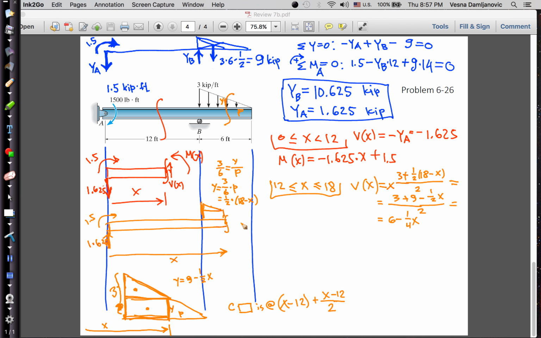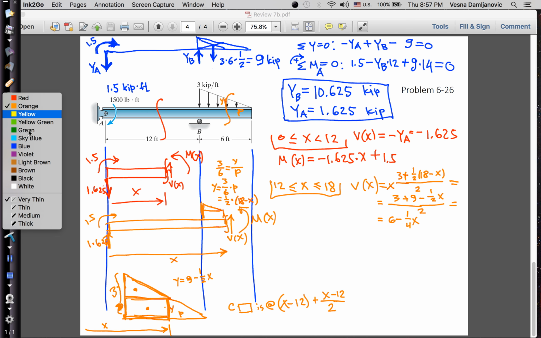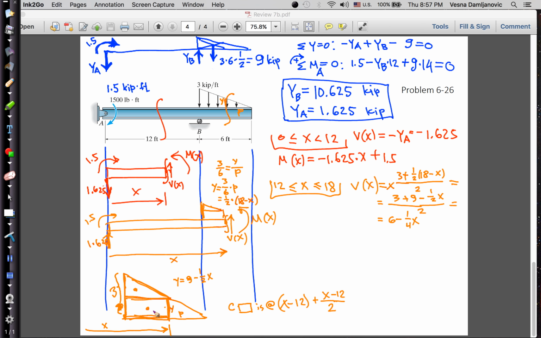But we really need it for this location here, right, where we are calculating the moment. We already calculated the v of x, but we are calculating for this point. So really all we have to find out is the distance from here to there. I'm going to use a different pen to make sure that that's clear, a violet pen.